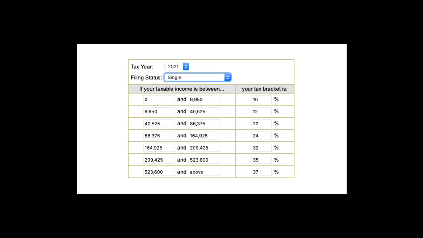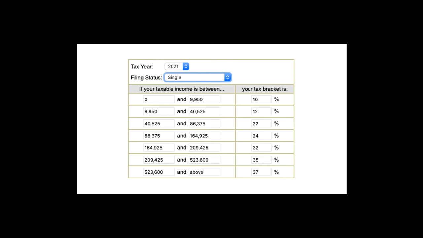For every dollar you earn between $0 and $9,950, you'll have to pay 10% tax on that amount. Now, if you've earned over that, every dollar over $9,950 up to $40,525 will be taxed at a slightly higher rate, at 12%. Okay?